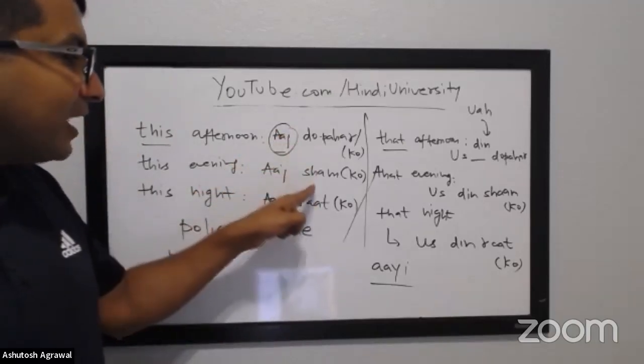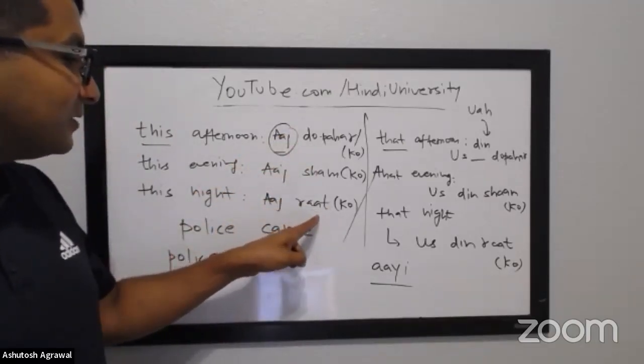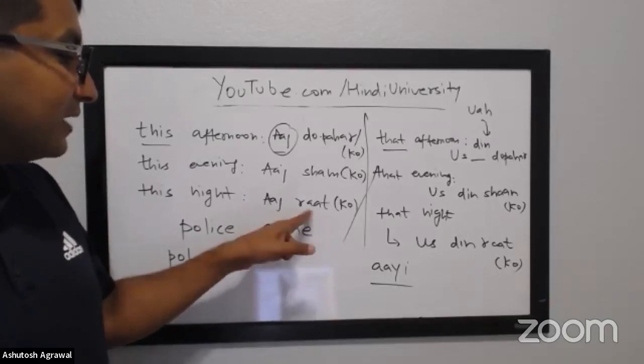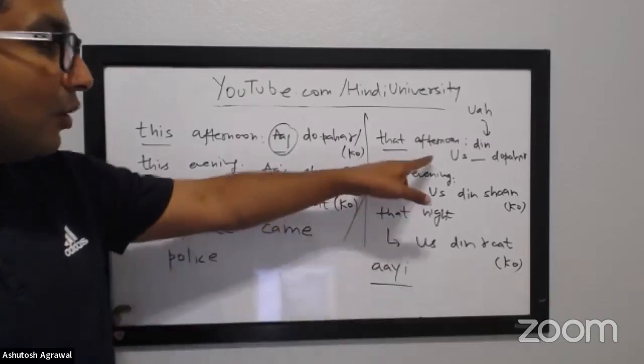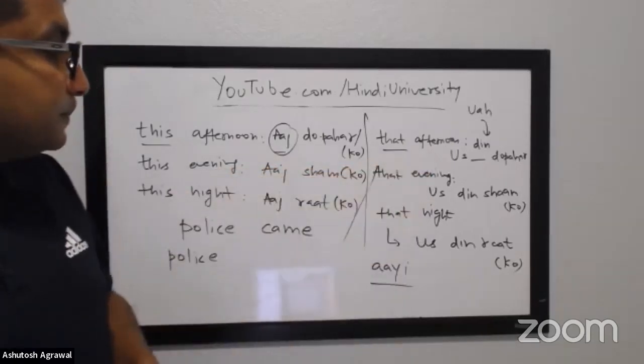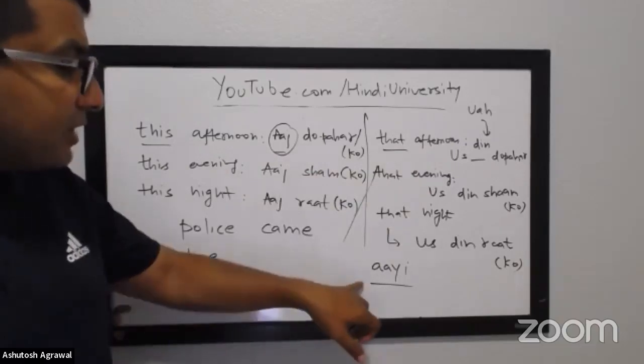Police कब आई. Okay. You can use any of them. पुलिस दोपहर को आई, आज शाम को आई, आज रात. Okay, assuming that you're already in night, आज रात को आई. Or you're describing, again, all of them in the past, right?